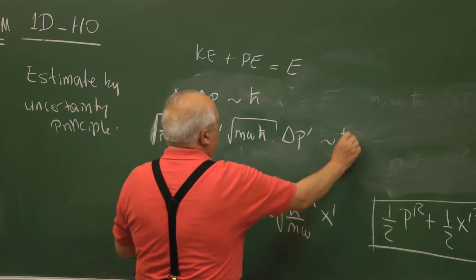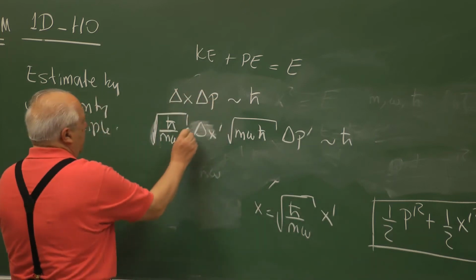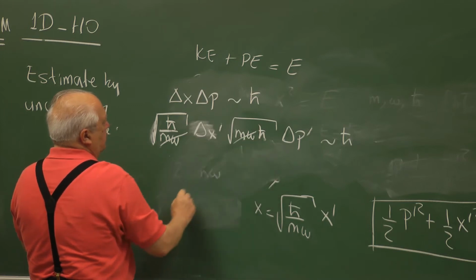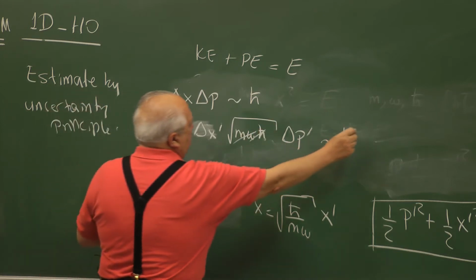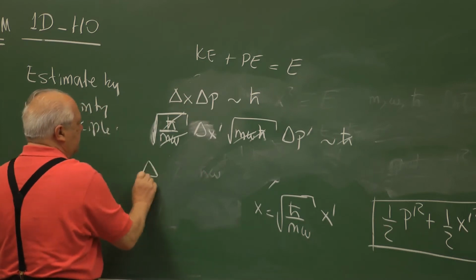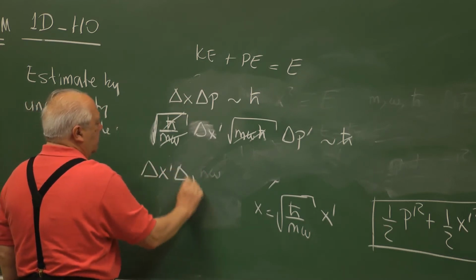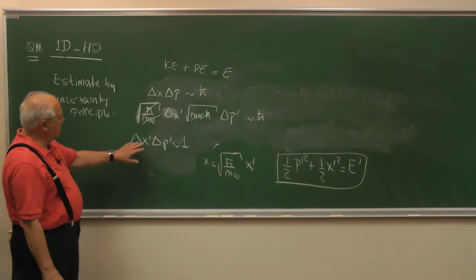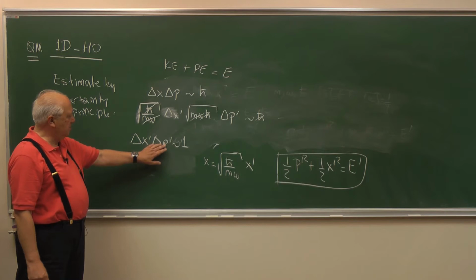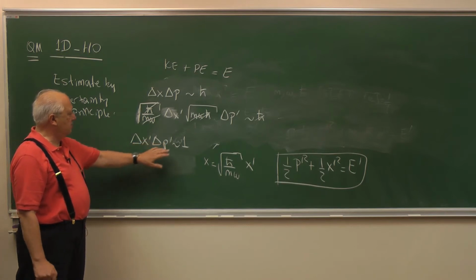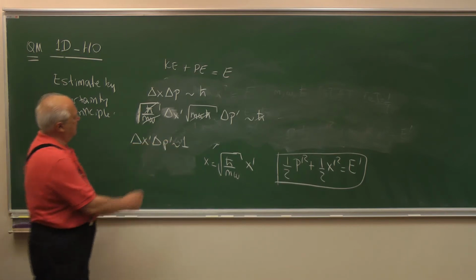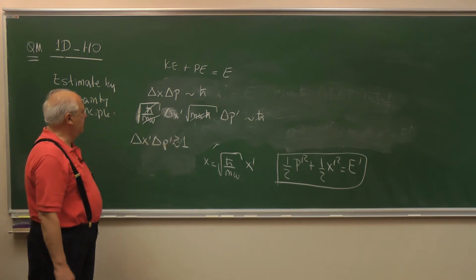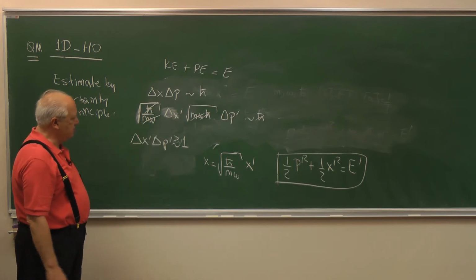This is like h bar, so m omega cancels, root h bar times root h bar is h bar, so they cancel. So these dimensionless quantities satisfy: the uncertainty in x prime and the uncertainty in p prime is at minimum about 1, and you can do, of course, worse.